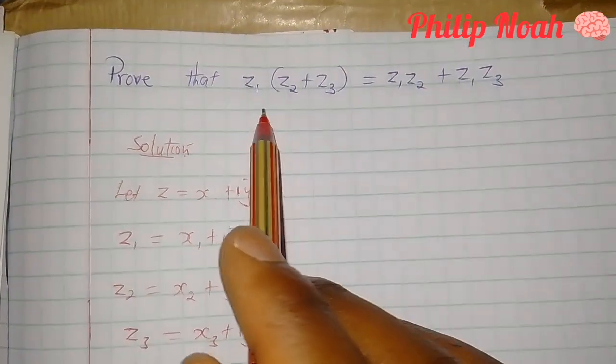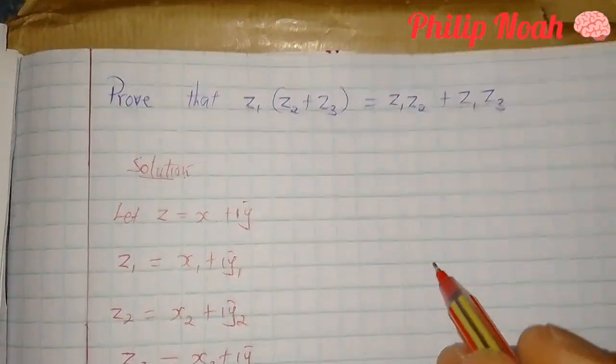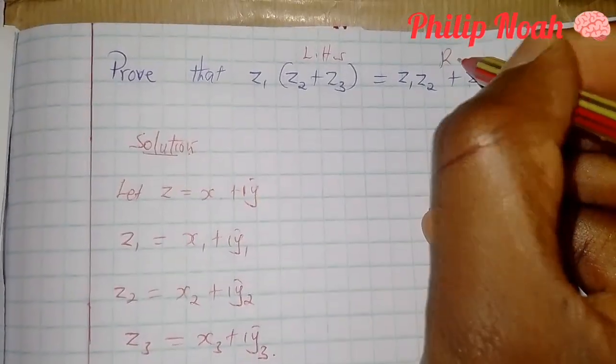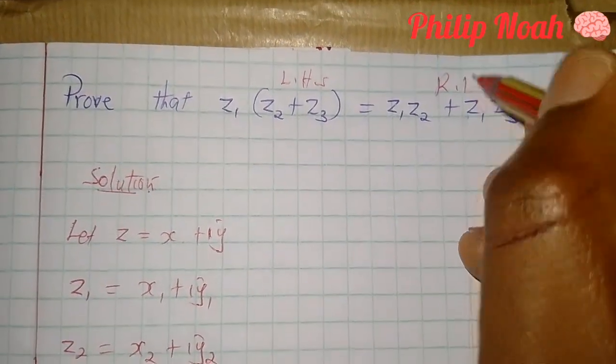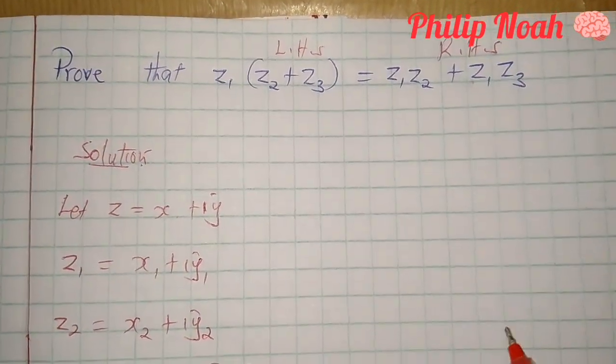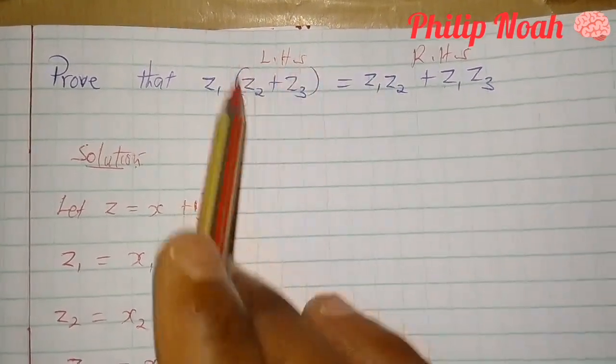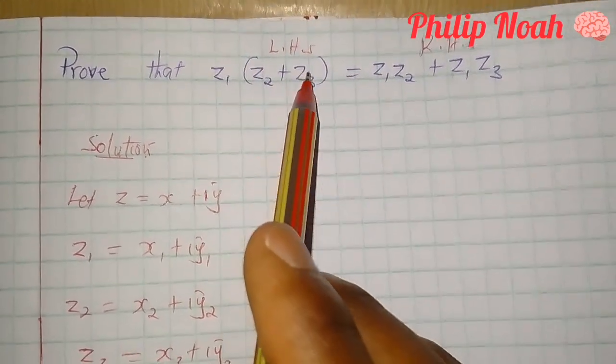So this problem has two sides. We have the left hand side and the right hand side here. So we shall tackle one by one. Let's start by solving this left hand side.